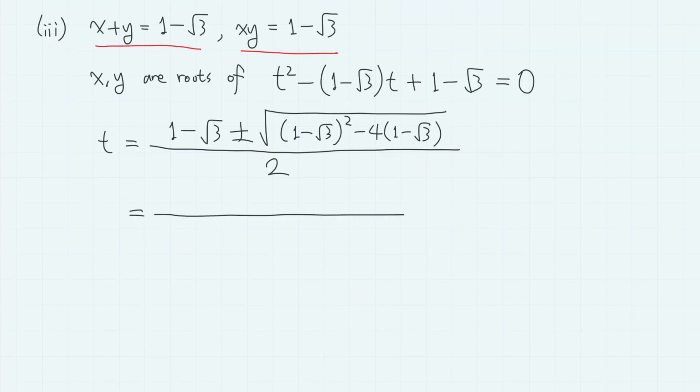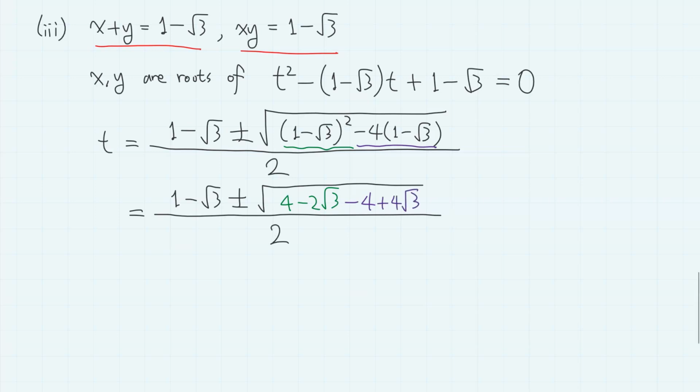So we have 1 minus square root of 3 plus minus square root of, this part is equal to 4 minus 2 square root of 3, and this part is equal to minus 4 plus 4 square root of 3, and over 2. So we have 1 minus square root of 3 plus minus square root of 2 square root of 3, divided by 2.